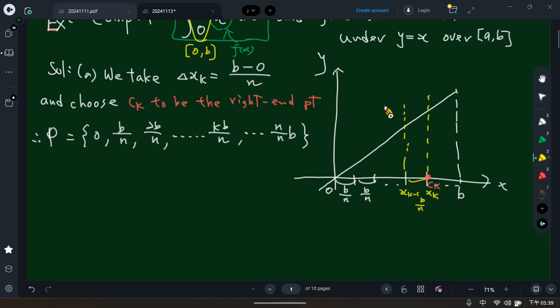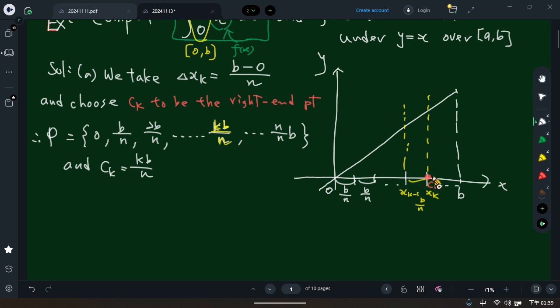So here you can see this one is my x_k, this is my c_k, and c_k I just put as kb over n, because I already choose the right endpoint.